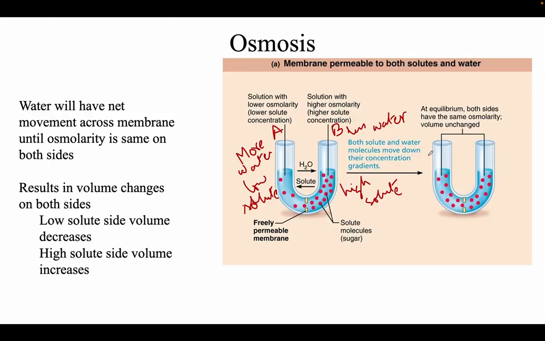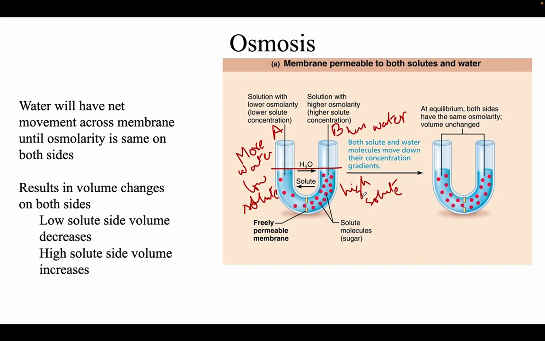So here we have more solute, so less water inside B. Here we have a low number of solute, so more water. And remember, the level is still the same, so the water has been displaced. So high solute, less water inside B; low solute, more water inside A.